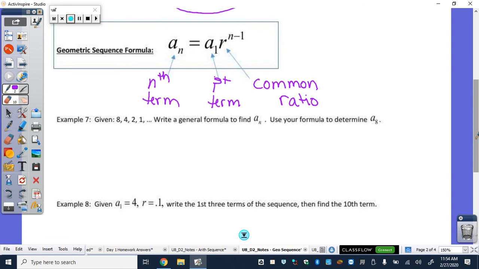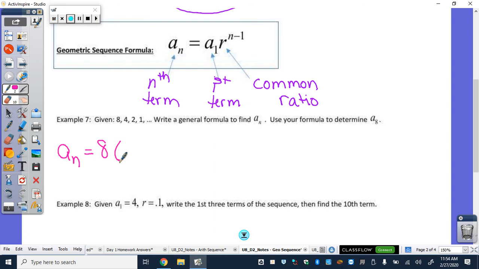So example 7, given the sequence 8, 4, 2, 1, write a general formula for a sub n, and then determine the 8th term for it. So I'm going to be following my formula right up there. So a sub n equals, what's our first term? 8.